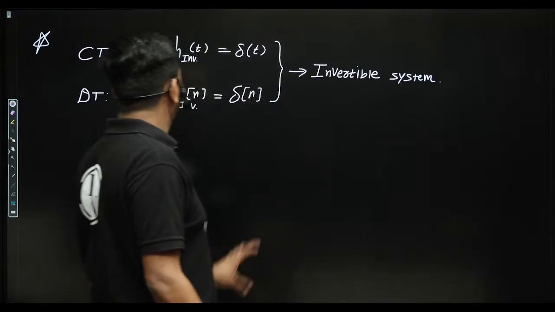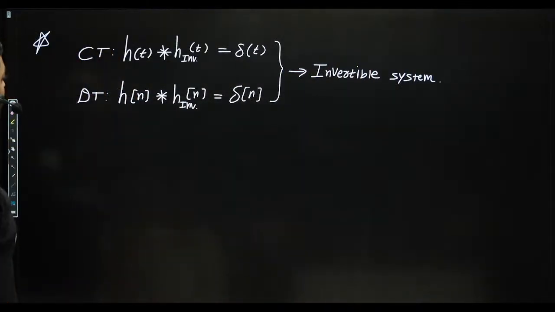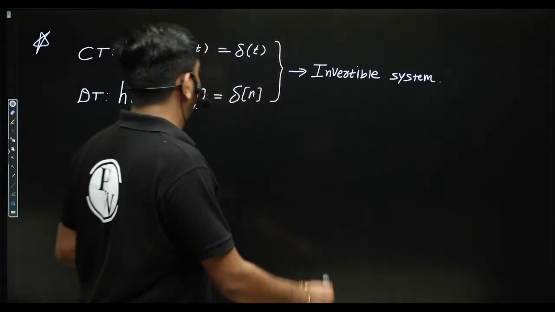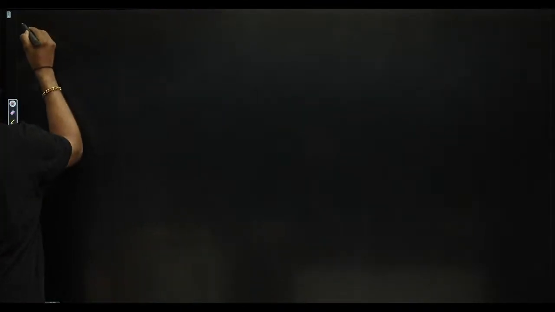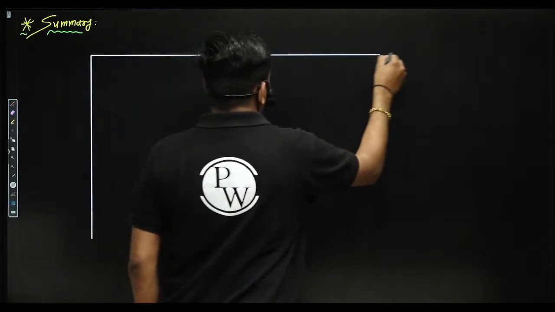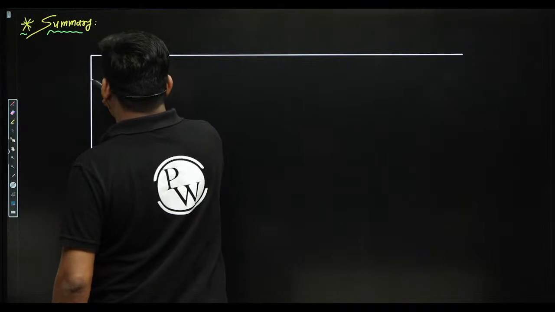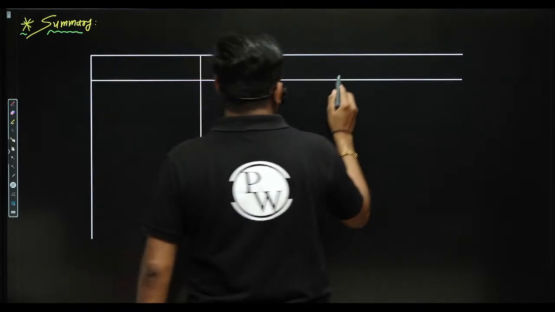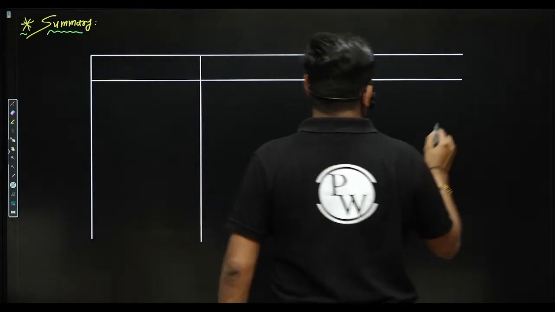Is this clear? Okay. Now a summary of all these properties: causality, static, stable and invertible. Let us make the summary table. So here are the properties for the continuous time and for the discrete time, guys. Correct?